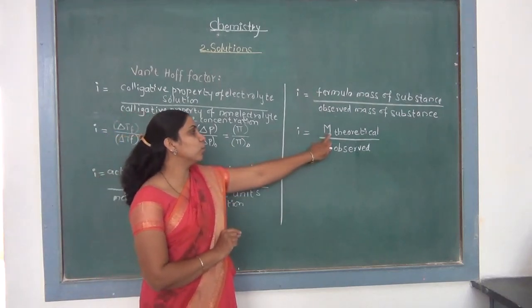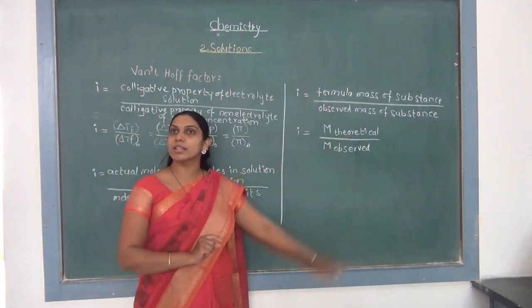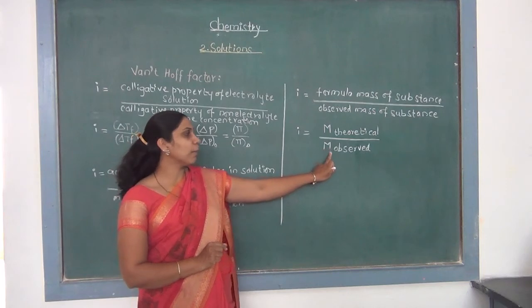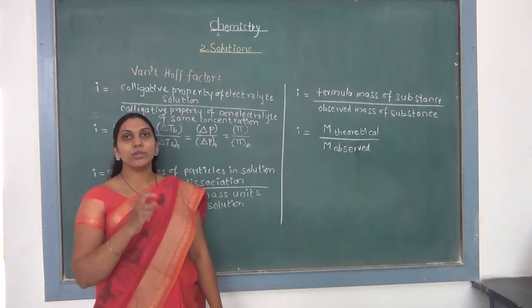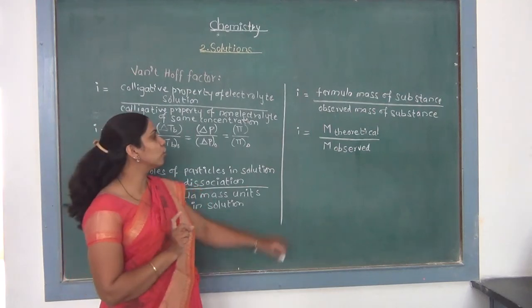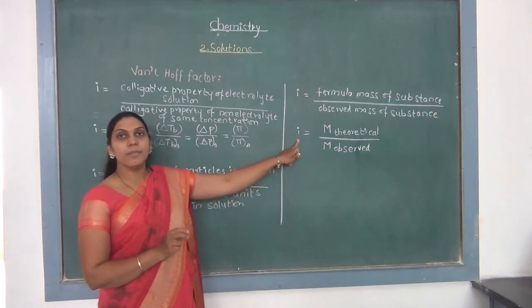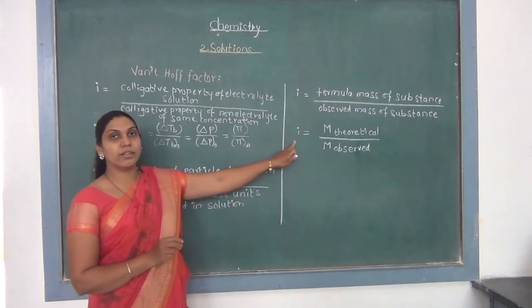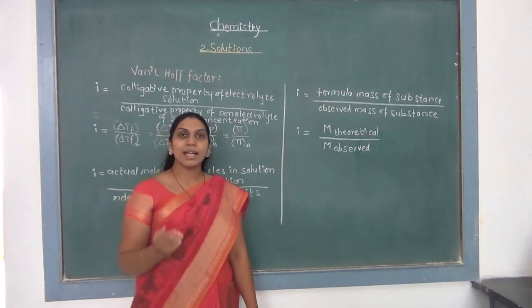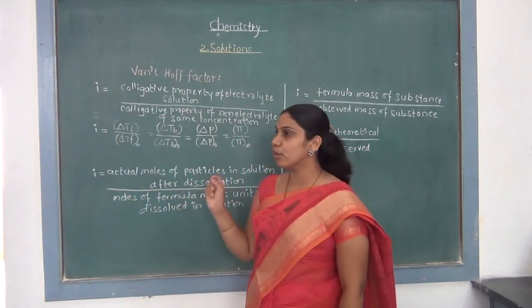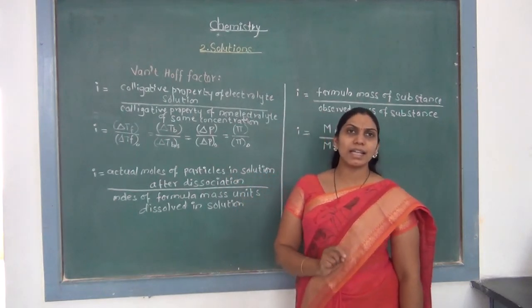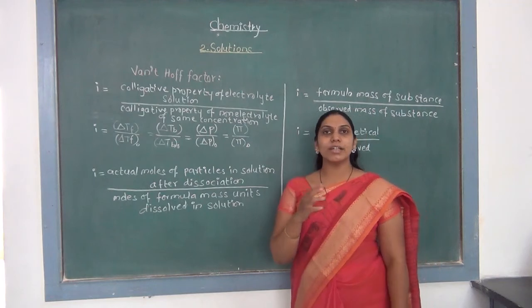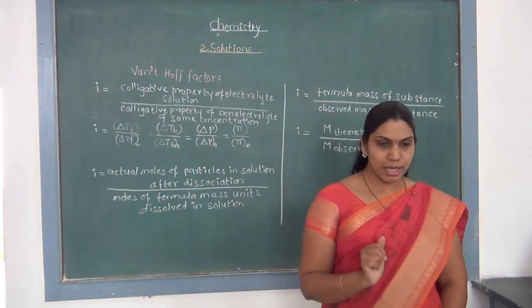If you take the ratio of the molar mass of solute, which is calculated theoretically, and the molar mass of substance which is observed during the experiment, you will again get the value of Van't Hoff factor, that is i. So these are the different expressions for the Van't Hoff factor. Now we will see how we can exactly calculate the Van't Hoff factor. For that we will take some examples.